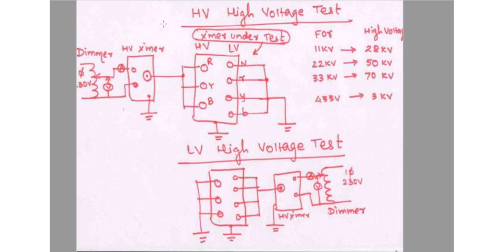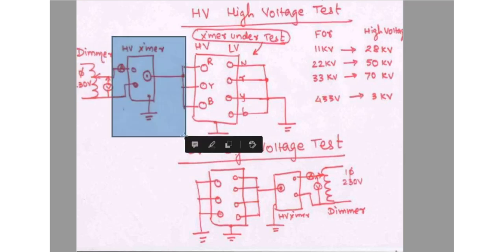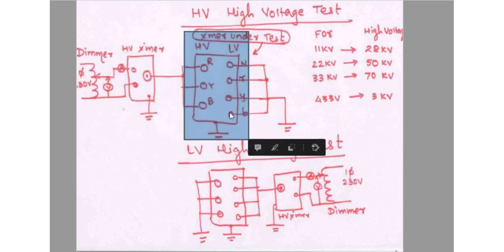So here the connection diagram shows the high voltage test. Here is a dimmer we are using. We have to measure the voltage and we have to measure the current. So this is the high voltage transformer we have to connect, and we have to perform the test for this transformer.